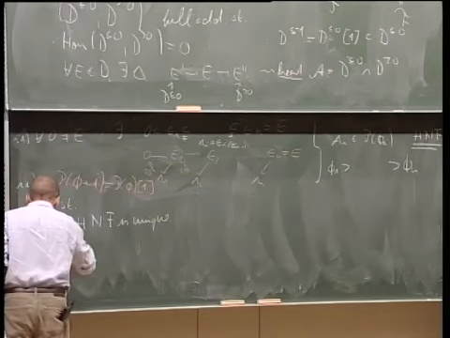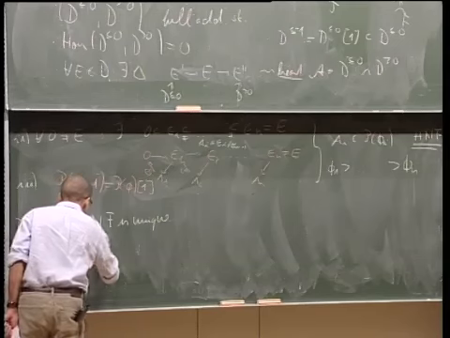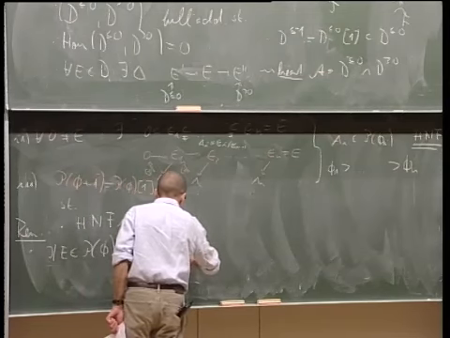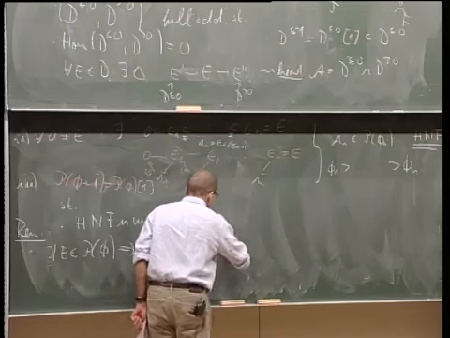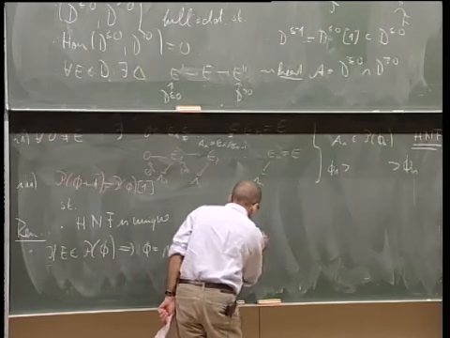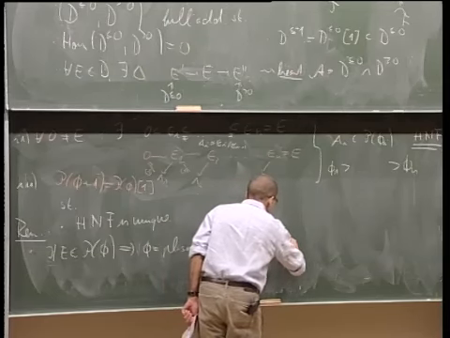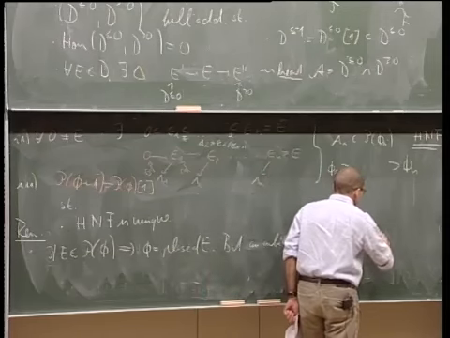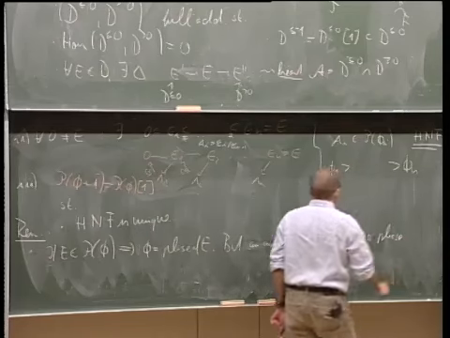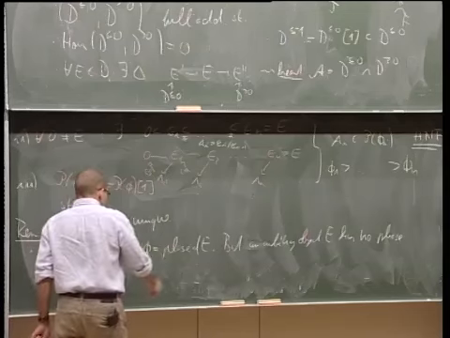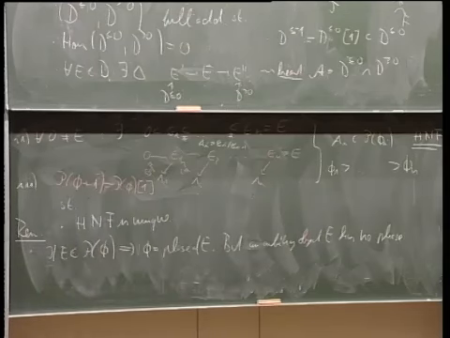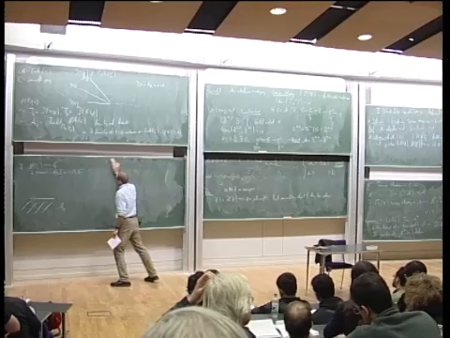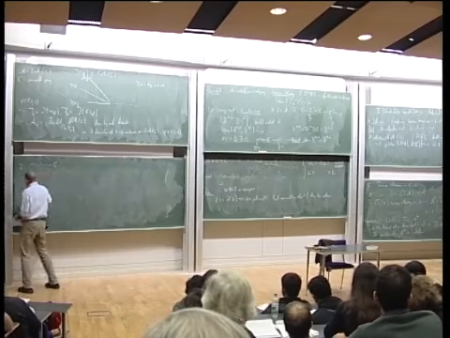So if E is in P(phi), then phi is the phase of E, but an arbitrary object E has no phase. So just two technical remarks which are useful when you compute things.